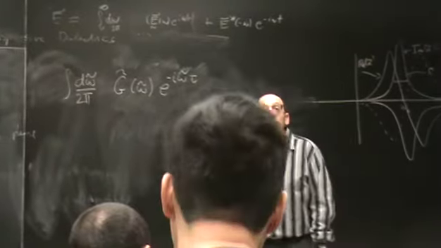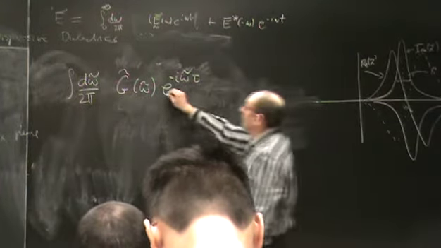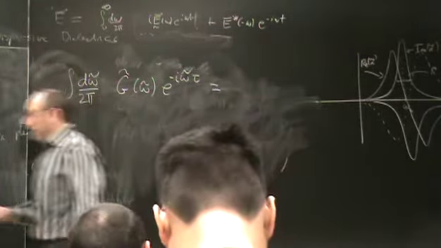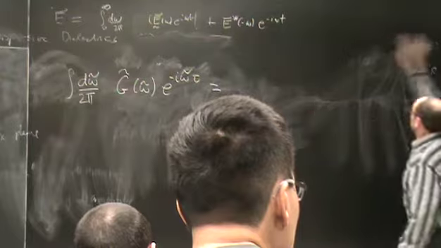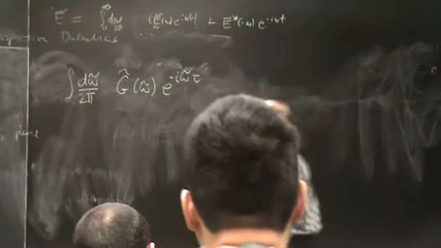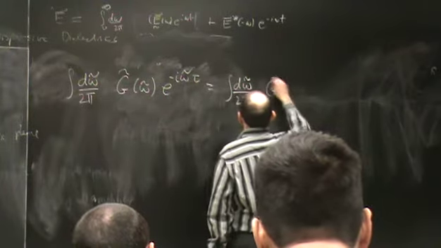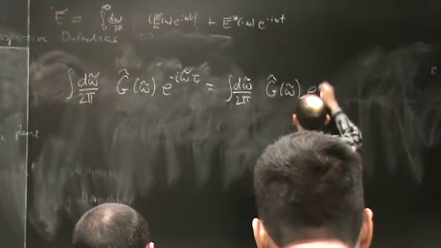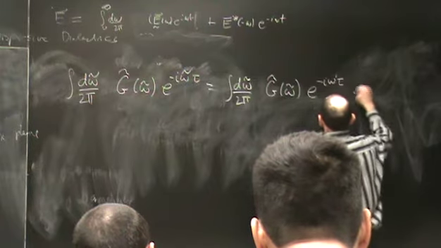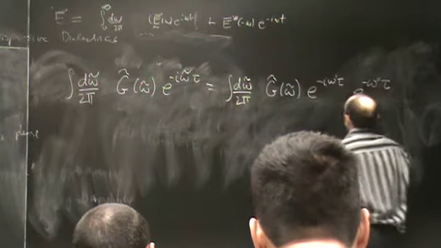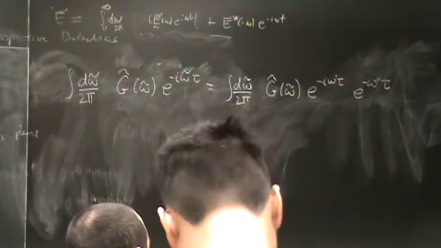But let's look at it for an arbitrary complex omega and write this now in terms of its real and imaginary parts, where I've written omega tilde in terms of its real and imaginary parts.